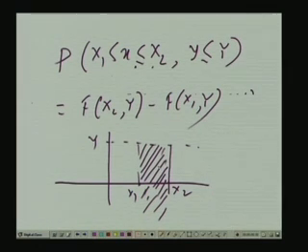So this was the event. This probability is nothing but the pair x, y falling within this zone. What is the total probability of that? That turns out to be this.